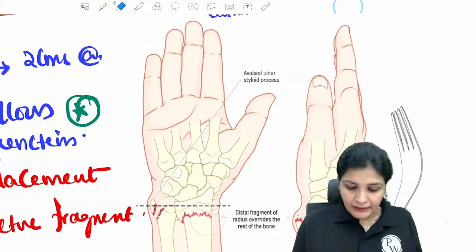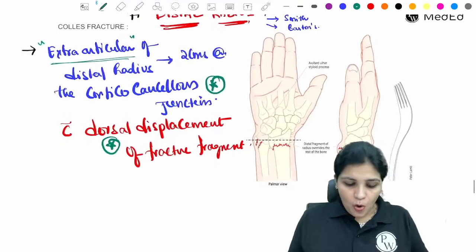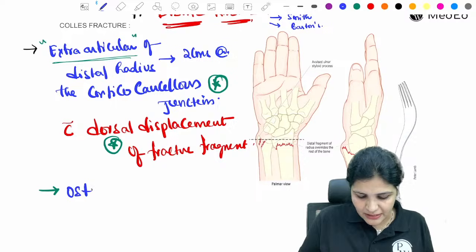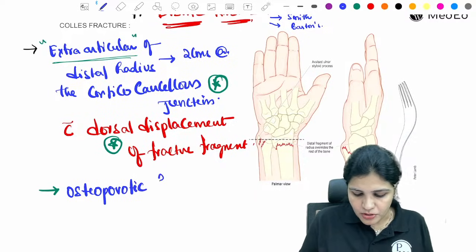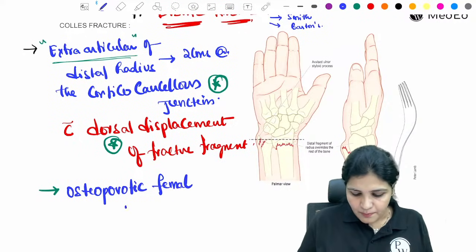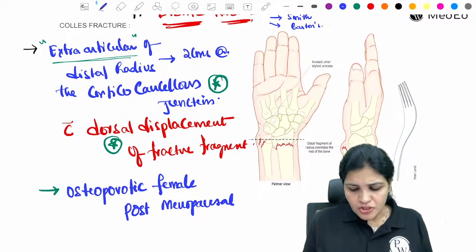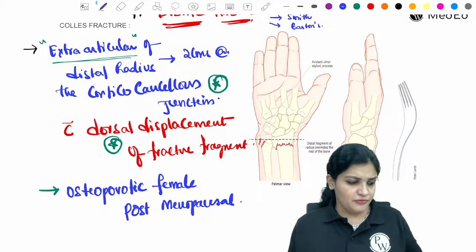And in particular, this is weak in osteoporotic females. So this is a fracture of osteoporotic, post-menopausal females. When somebody is suffering from osteoporosis, you can see this type of fracture in them.